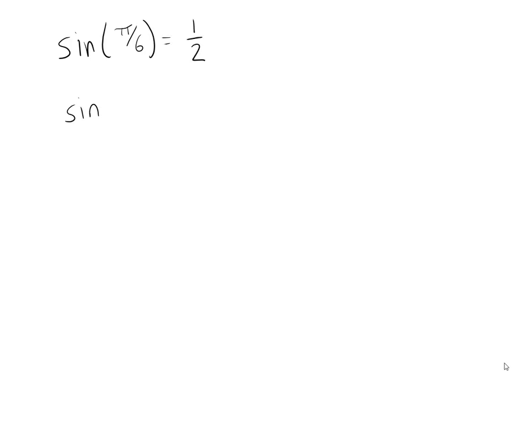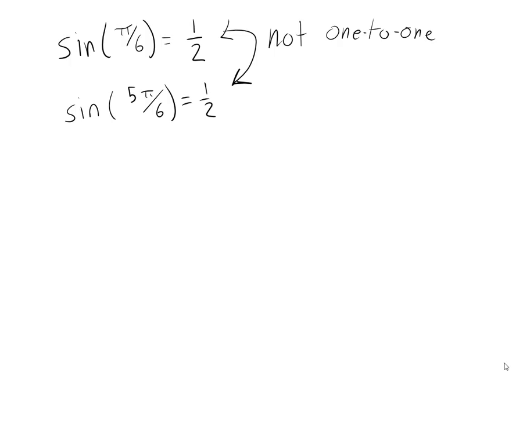But sine of 5 pi over 6 also equals 1/2. Coming from our discussion last time, this is not one-to-one. Can we define an inverse? And the answer is yes.